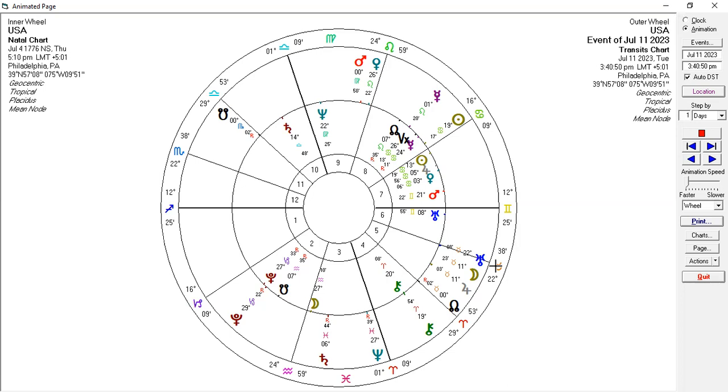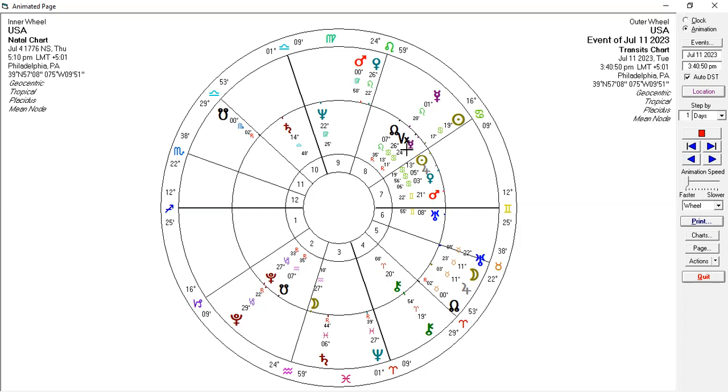That's happening. Now we've got coming up, Uranus will be making a nice angle to the United States' Mercury, it already is actually.